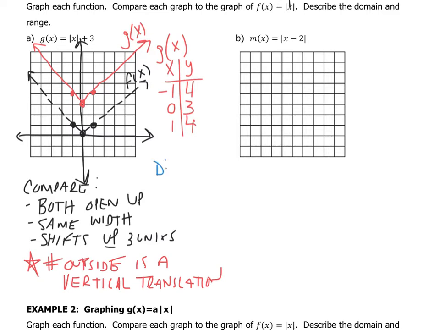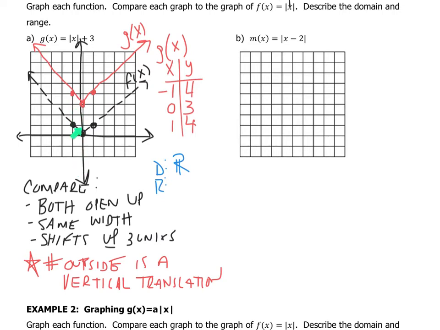So the domain, is there any restriction on what I can plug in? No. So we're going to say all real numbers. Now looking at my range, here's a little bit of a thing we have to watch for. We're not focusing on the parent one, we're focused on this red one here. So looking at this, do I see any y values below 3?